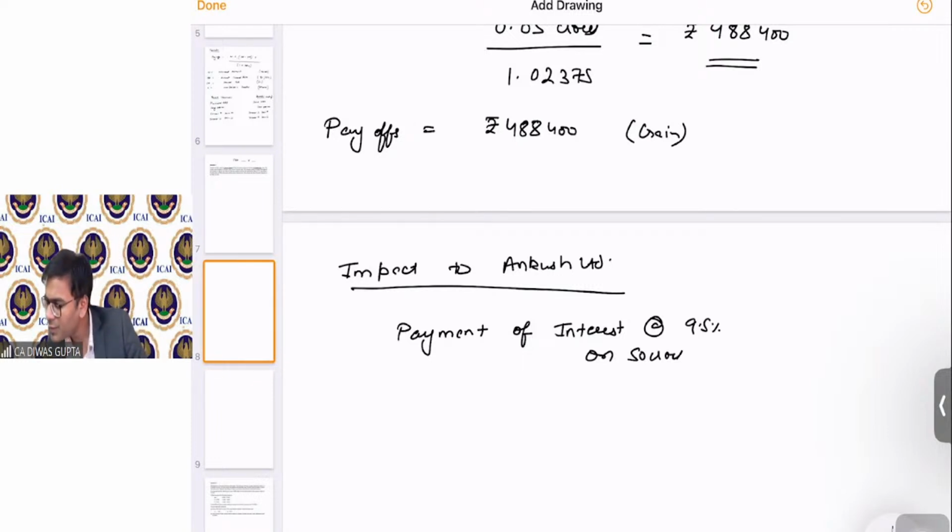So this becomes 1 crore 18 lakhs 75,000.